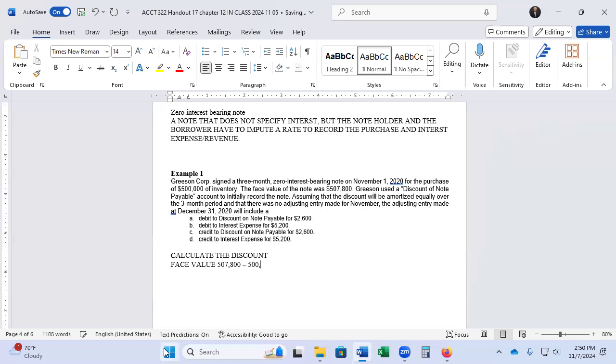And what they got for it was 500,000. So the discount is 7,800. Now they do straight line amortization over the 3 months. So 7,800 divided by 3 equals 2,600.